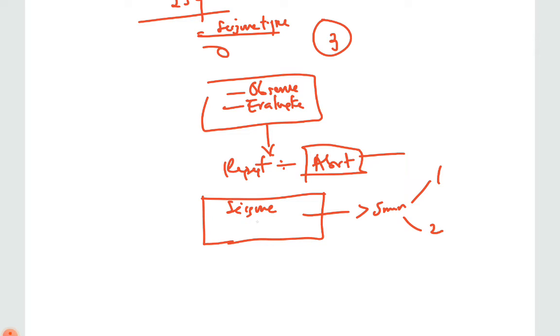So if you have that, then you also have to abort the seizure. And in this case, because of the history of it being more than 5 minutes, you know that you are dealing with a case of status. So you have to manage with that in mind, that this is status epilepticus.